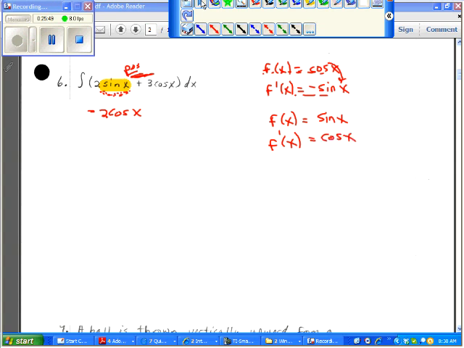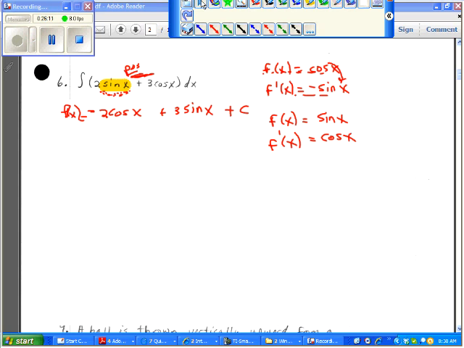Well, it's cosine x without a sign change, right? So there's not a sign change on the second one, 3 sine x, and then we need that constant c. So f of x is negative 2 cosine x plus 3 sine x, plus that constant c, right?